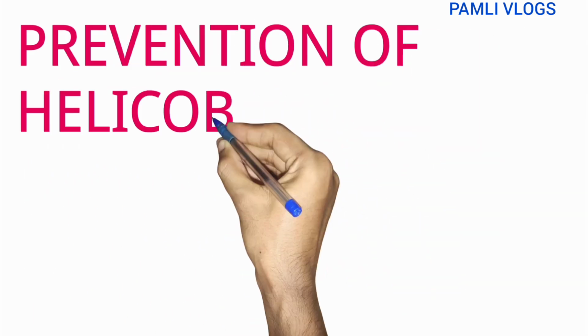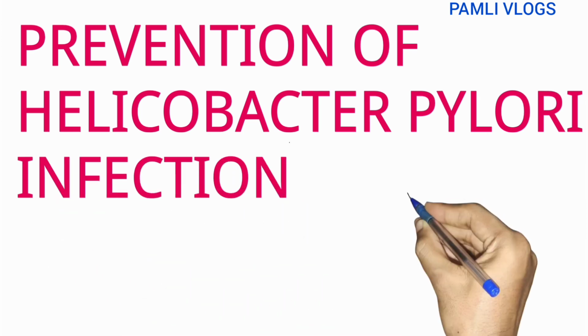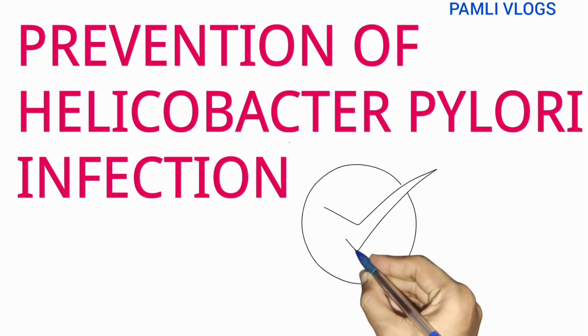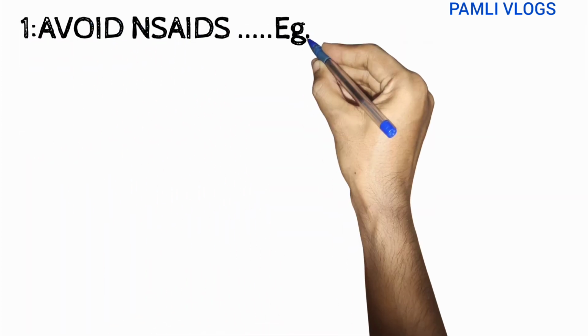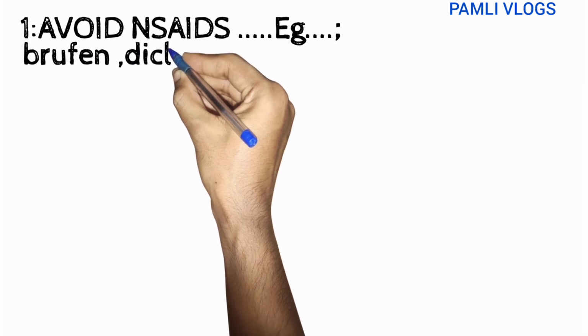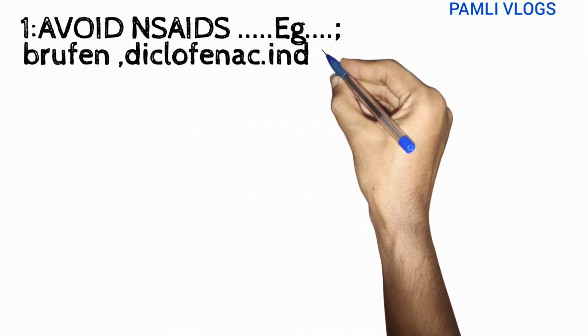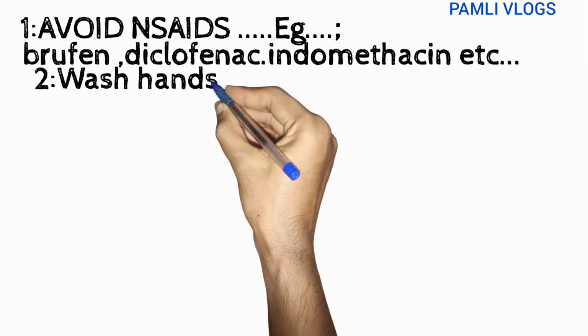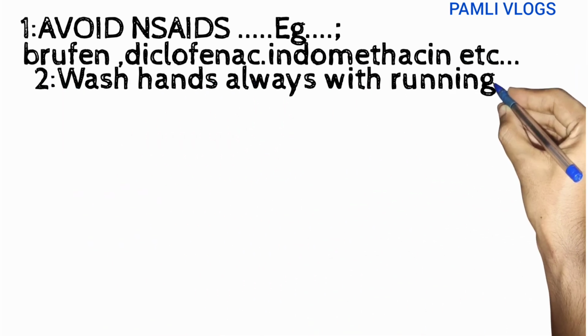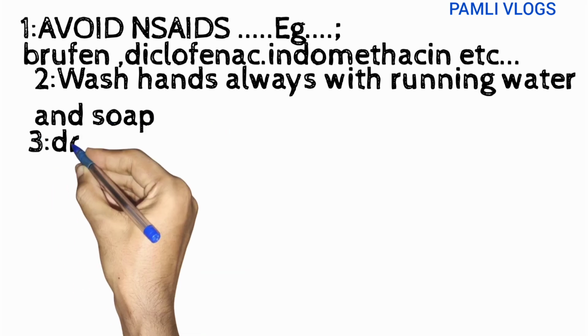Now, how do we prevent this disease? Number 1, we should know the risk factors and what might cause Helicobacter pylori. Avoid non-steroidal anti-inflammatory drugs, which are brufen, diclofenac, indomethacin, etc. Of course, hand washing is always key, with running water and soap.